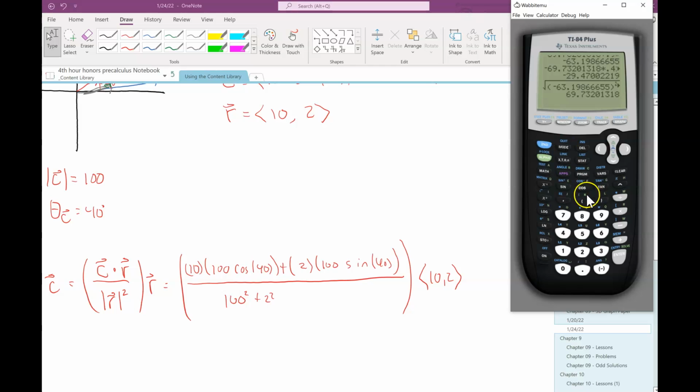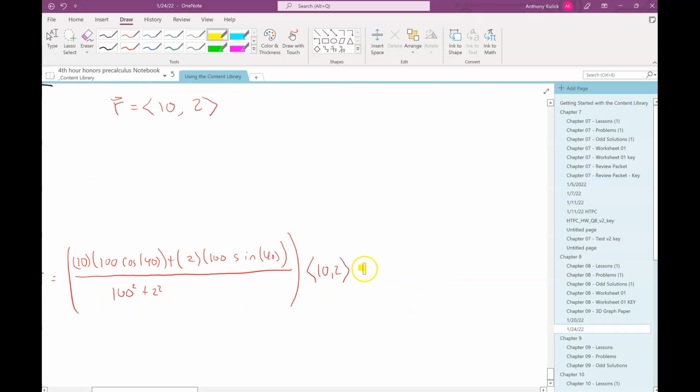All right. So let's do it this way. I don't feel like typing this in a trillion times, so I'm just going to do it this way. Everybody's okay with what I'm doing here setup-wise? And then to get the first component, I multiply that by 10.